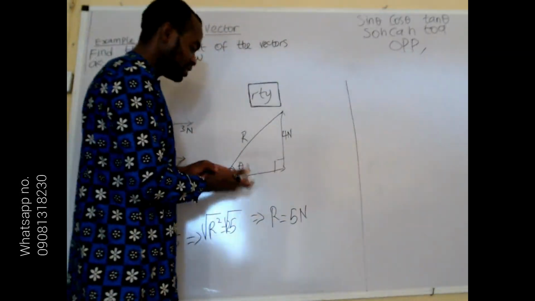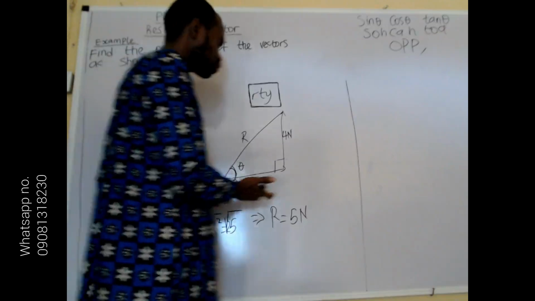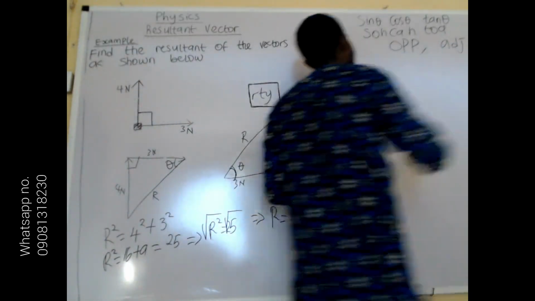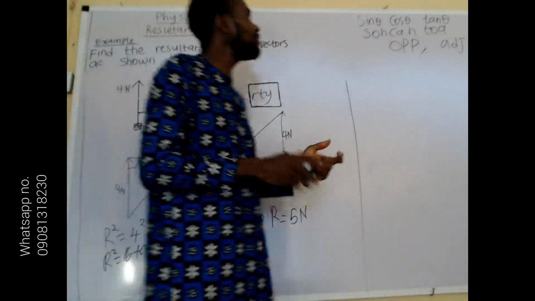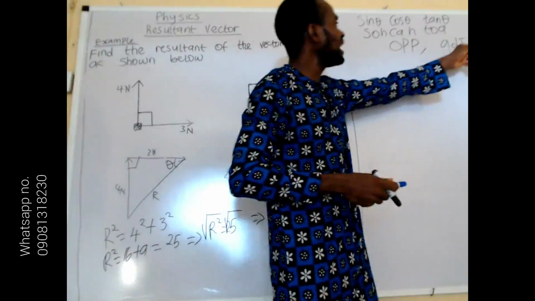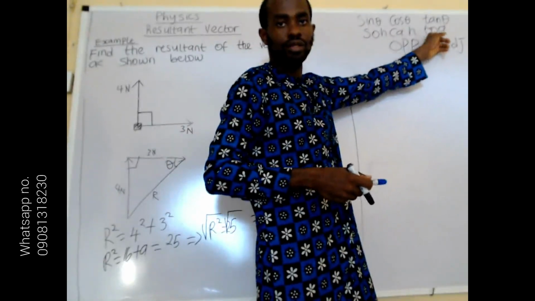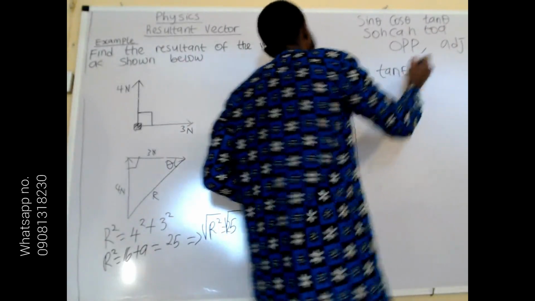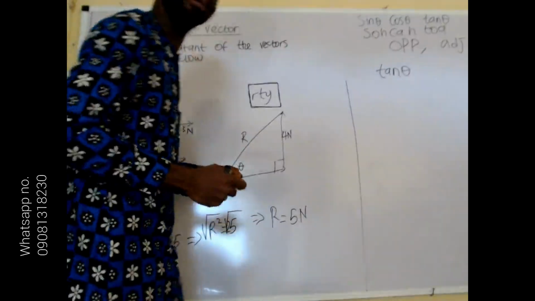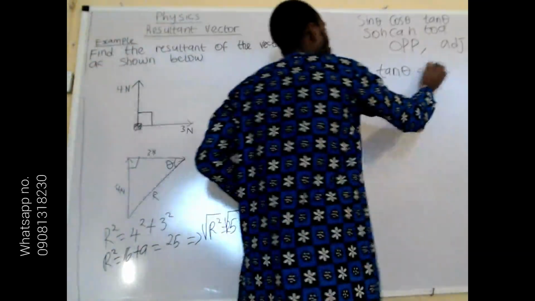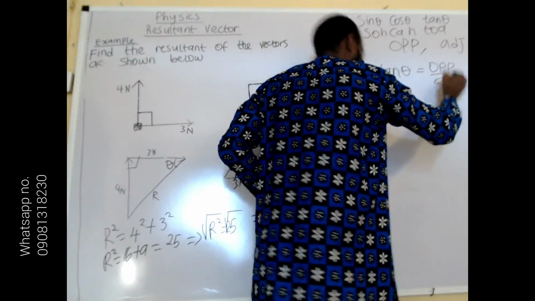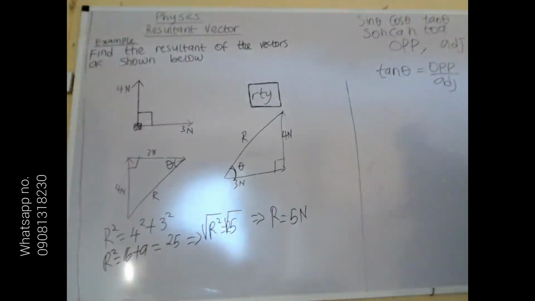And with respect to this angle, this side is adjacent. So the trigonometric ratio that carries opposite and adjacent is tan. Good. So we'll now say tan theta, which we are looking for, will be opposite over adjacent.